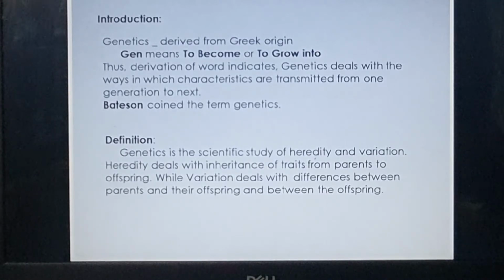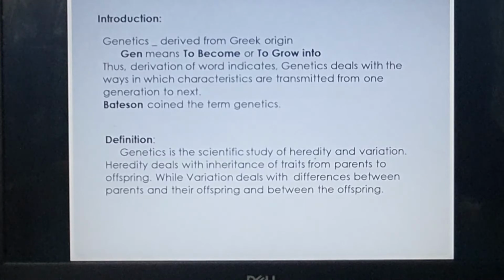And what is variation? Variations are the differences. We are not an exact replica, a carbon copy, of our parents. We have some variations, some differences along with some similarities. Similarity is because of heredity and differences are because of variations. To vary means to differ.